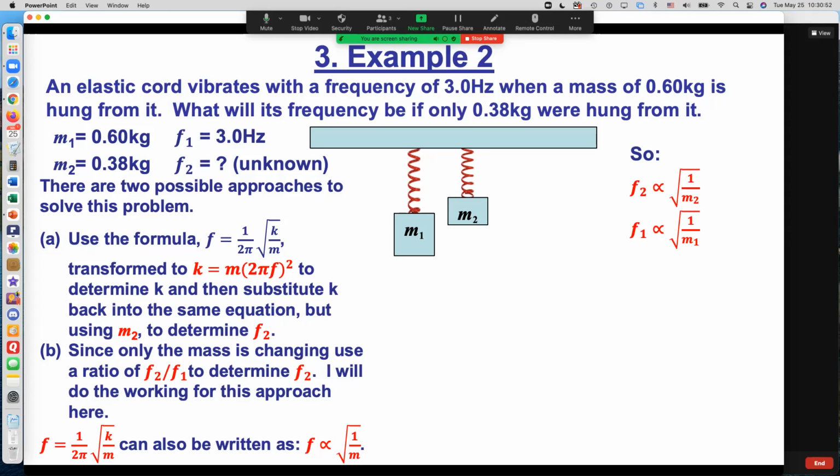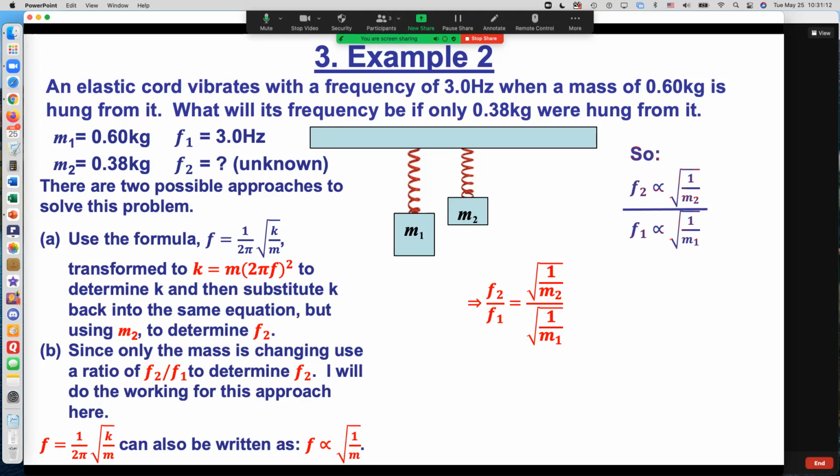So I've got f2 is proportional to the square root of 1 over m2, and f1 is proportional to the square root of 1 over m1. I put a dividing line between.